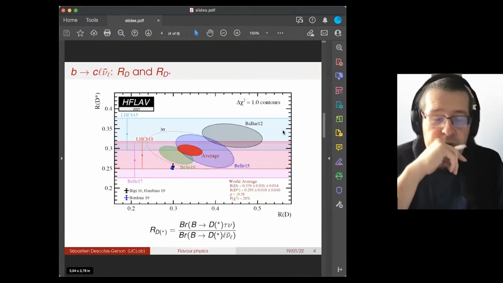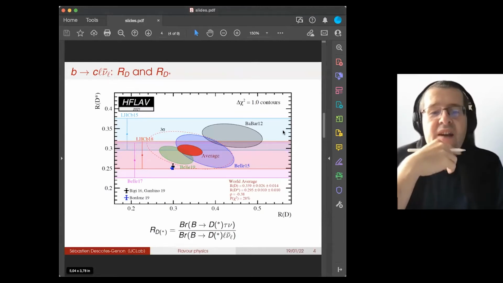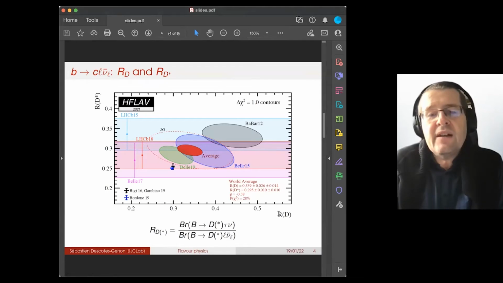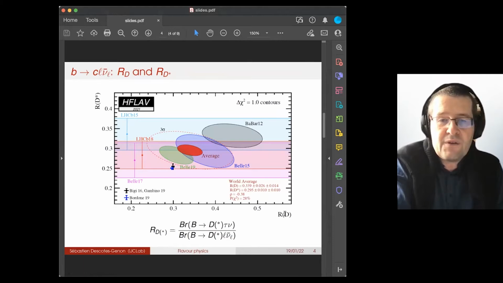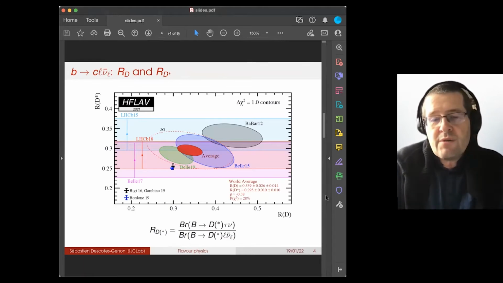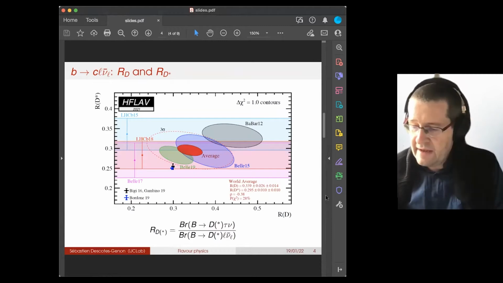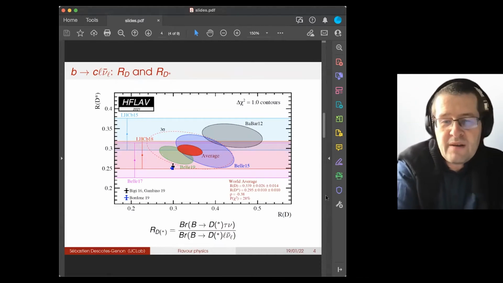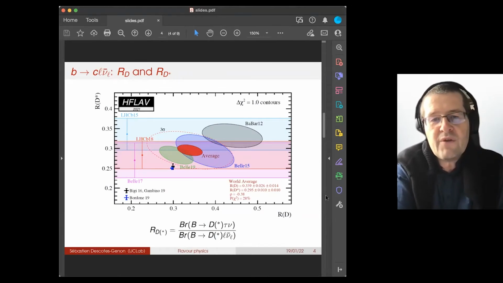So this is the first, for the first kind of processes, B to C l nu. You see that you have here the 2D plot where you've got RD on one side and RD star on the other side. You have measurements from various experiments. Some of them are quite old. BaBar has actually stopped working for already quite a while now, even though they're still reprocessing some of the data.